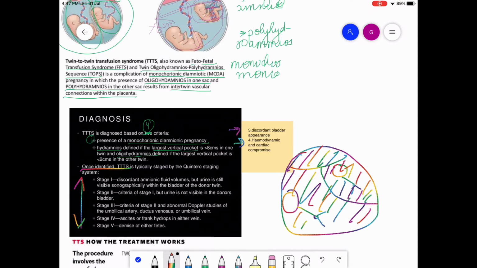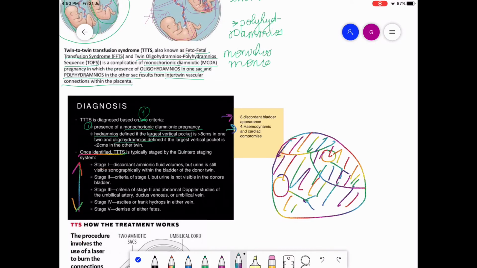So now we were discussing the staging system. In stage 1, there are discordant amniotic fluid volumes, but, just remember this, urine is still visible sonographically within the bladder of the donor twin.